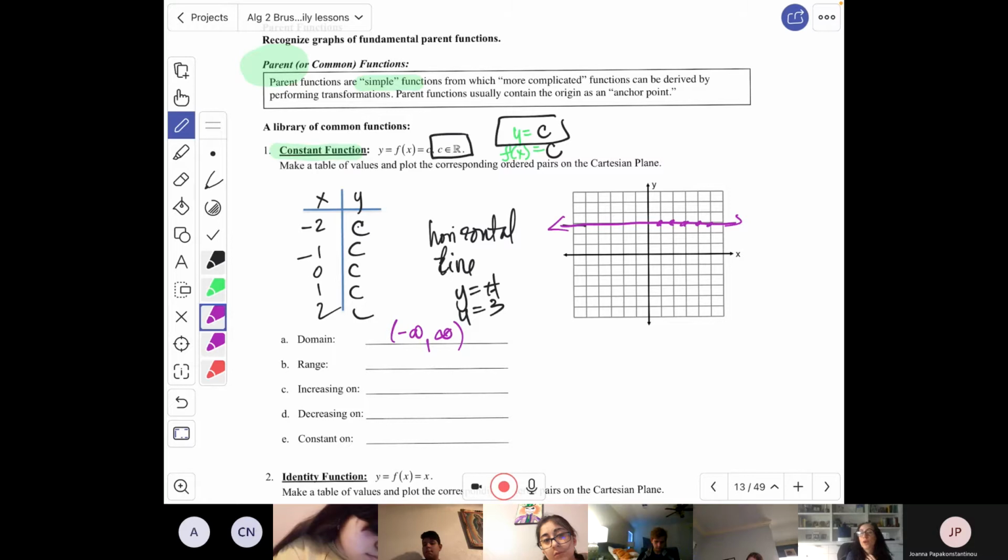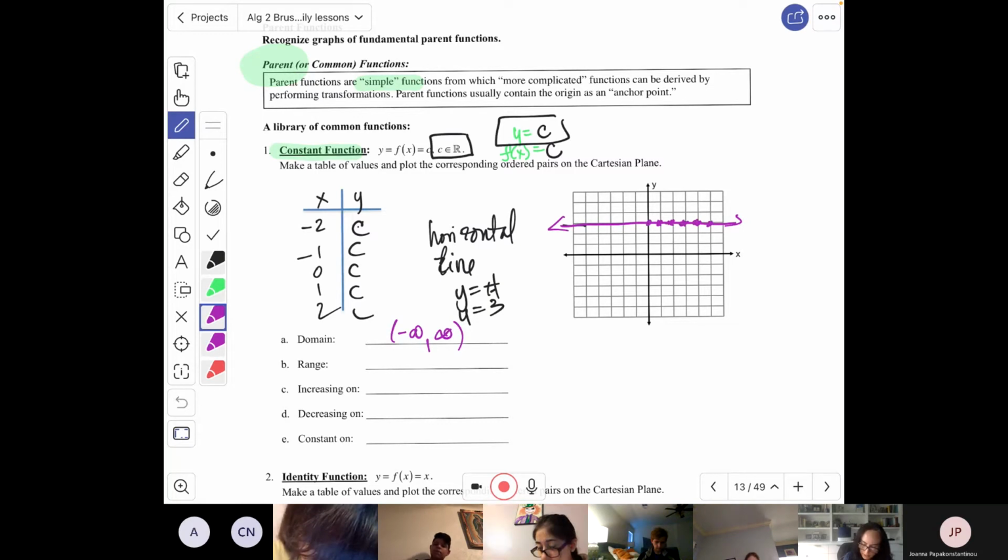Now, what about the range? What is the range of this constant function? I'm looking at y values, right? Range is y values. So what is the range? Well, what is the y value for every one of these points?